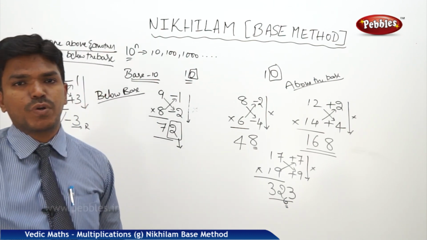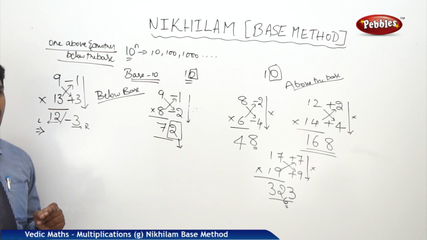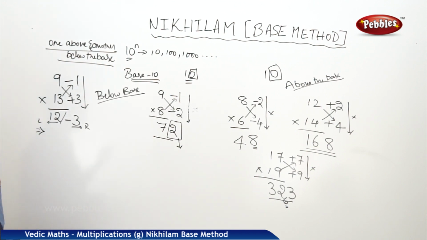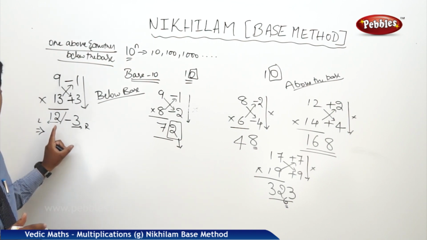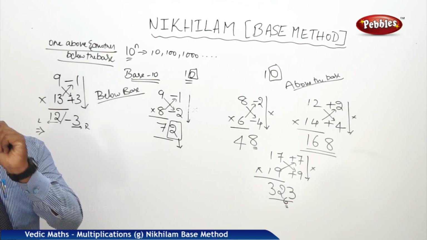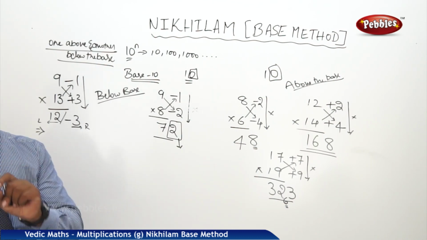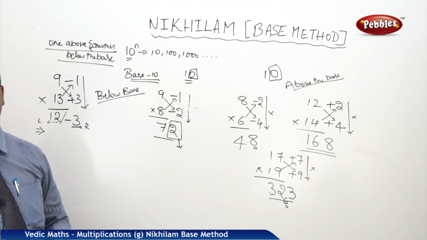To get the final output, you need to apply one rule. What is that rule? See here. Since the left side part of the answer is 12, and in the answer we got a minus symbol, right? Since there is a minus symbol, the left side part of the answer should be decreased by 1.